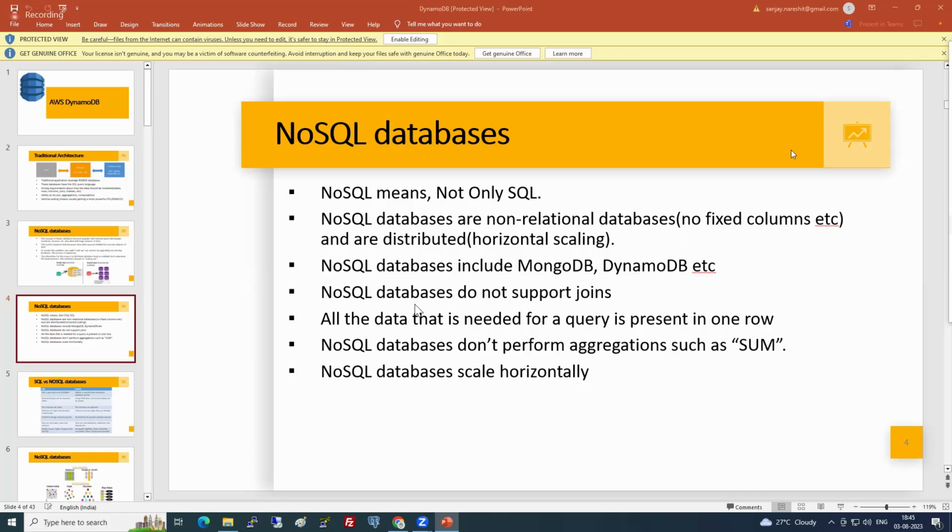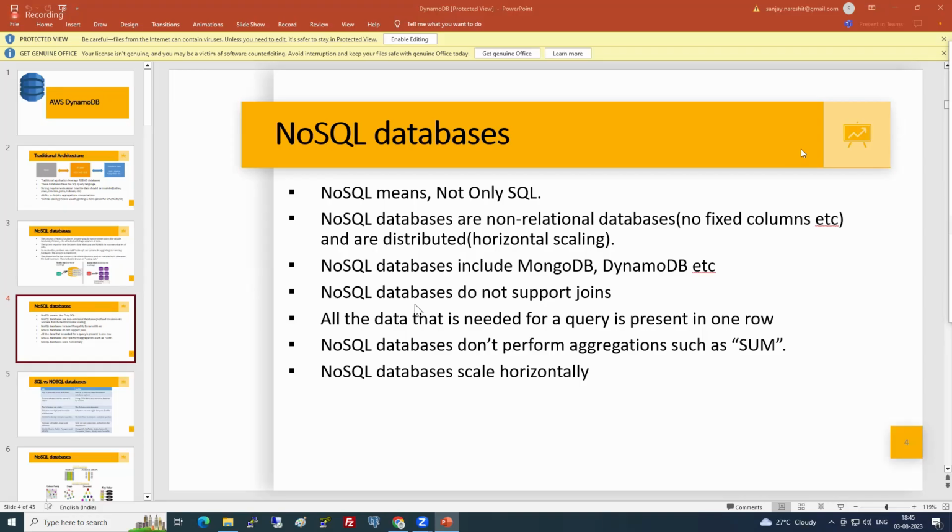Can you write formulas and get the exact data? Similarly, in RDBMS, you can write powerful queries and get the exact data. But in NoSQL, is it possible to write extraordinarily complex queries? No. NoSQL is meant only to get extremely high performance. It is not designed to write complex queries.